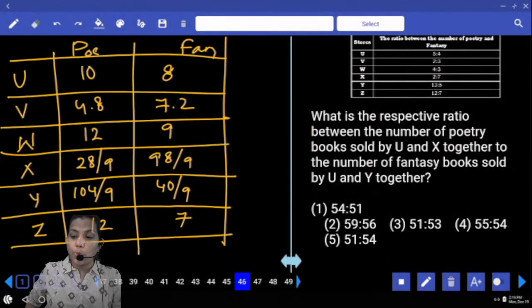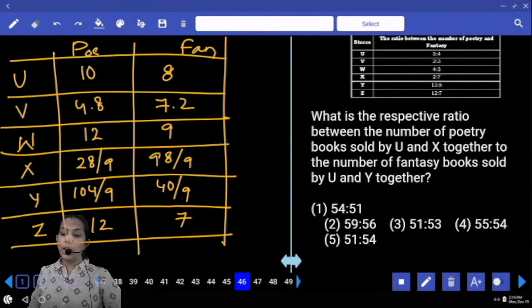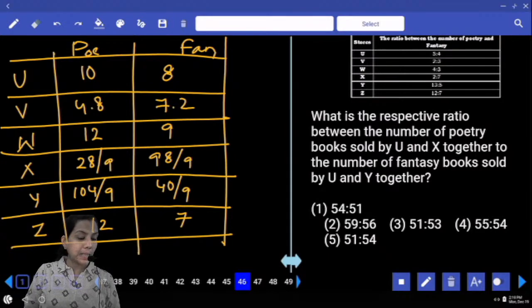Question number 46. What is the respective ratio between the number of poetry books sold by U and X? What is U value? 10. X value 28 by 9. Since we have 10, we can also write it as 90 by 9. What is the value of 90 by 9?